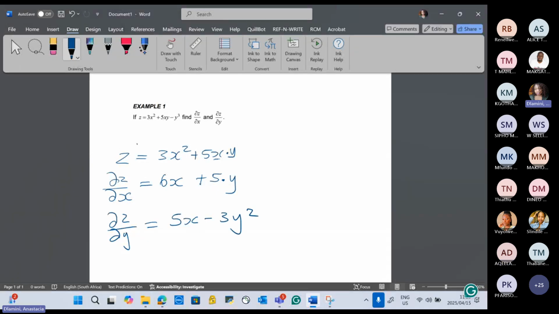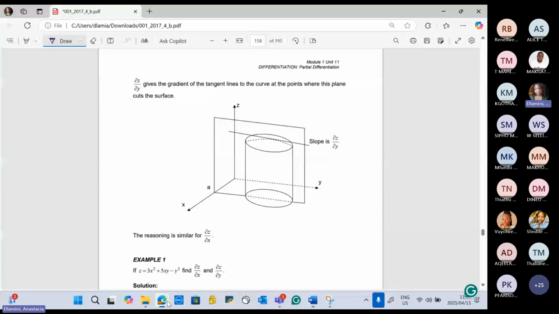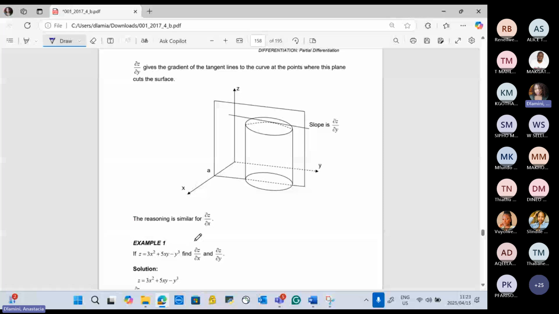Did we all get that? Yes, ma'am. So that is partial derivatives. And it's in your assignment, I know, I put it there. Okay, so we'll skip this one. We'll come back if we have time. And that's how you do partial derivatives.